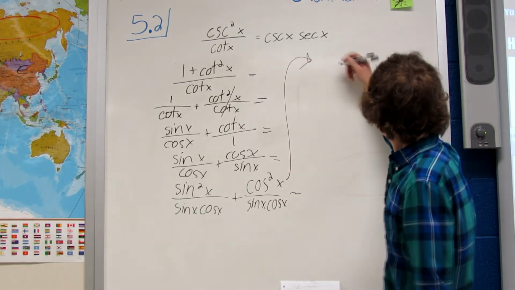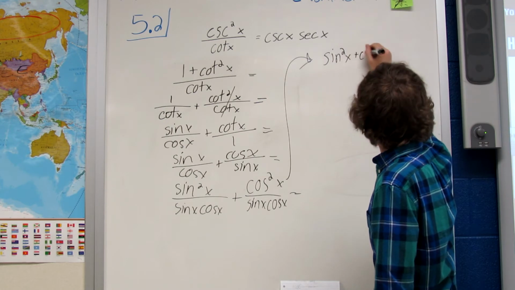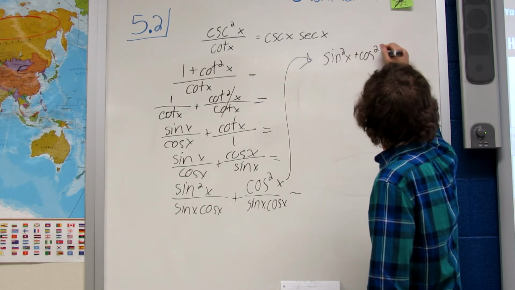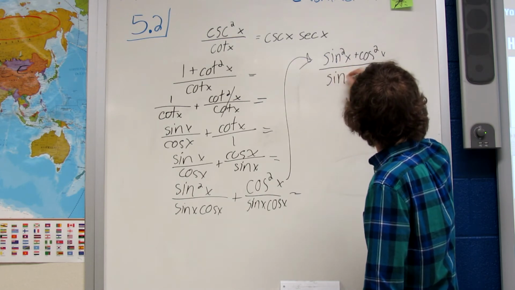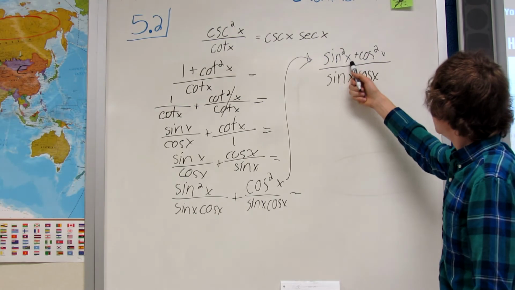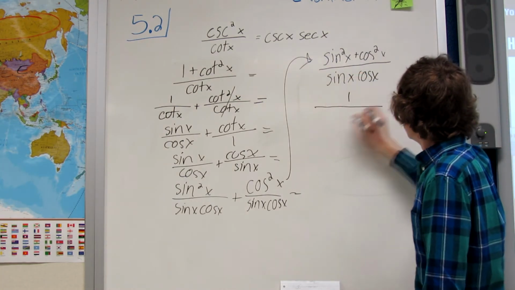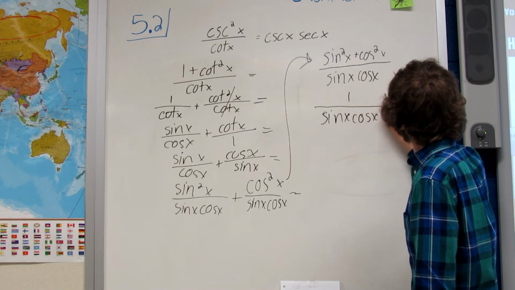And then you add them together, and you get the sine squared of x plus the cosine squared of x over the sine of x times the cosine of x. And this can be simplified into 1 over the sine of x times the cosine of x.